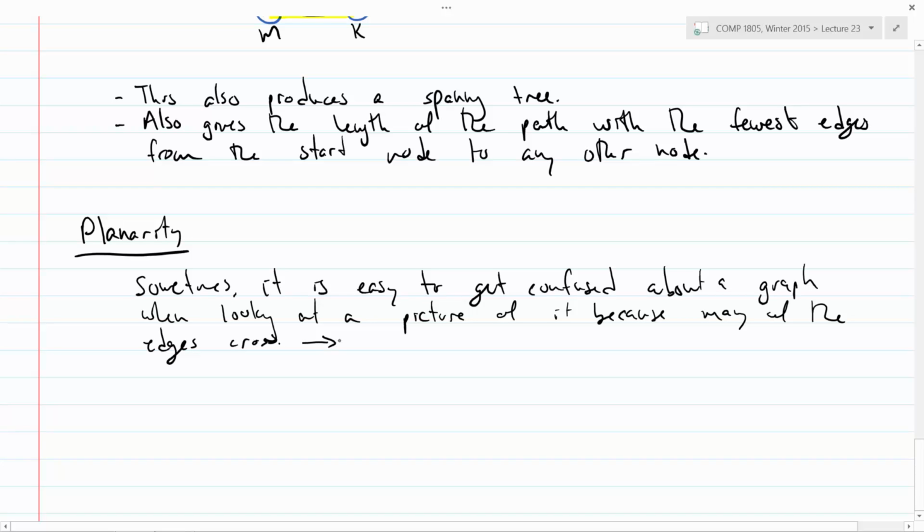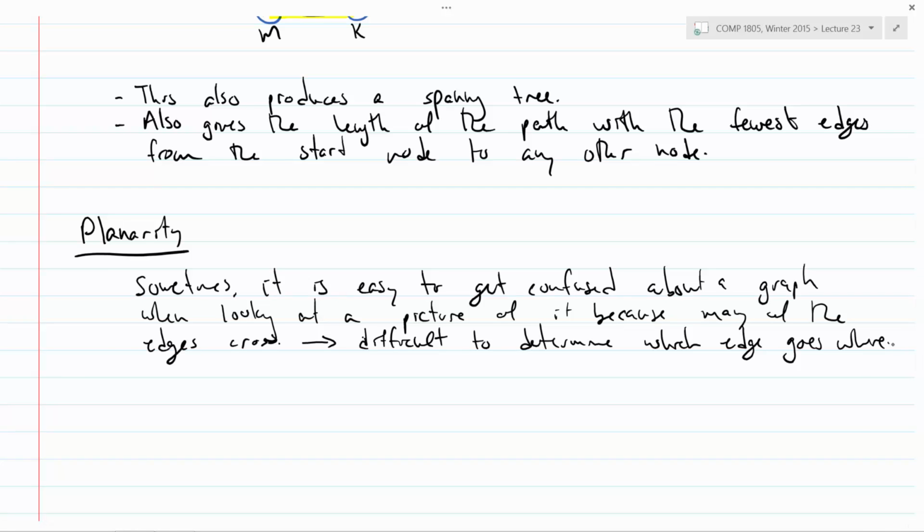If many of the edges cross, it's difficult to determine which edge is going where. So it's often nicer to look at graphs where edges do not cross.